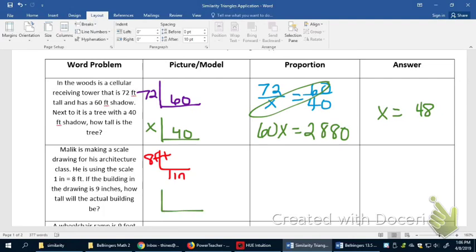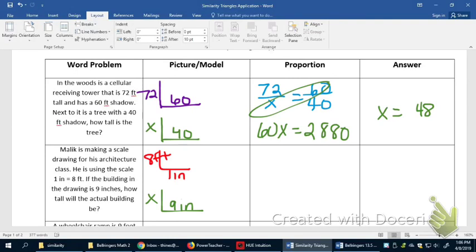It tells me the drawing has the building at being 9 inches, so I could put 9 inches here, and that means I could find 8 foot there. There's one way to draw the picture. You could draw the picture however you want to. It doesn't necessarily have to be set up the way that I drew it. But that's one way just to get everything together so that you can see what you would divide. Okay?